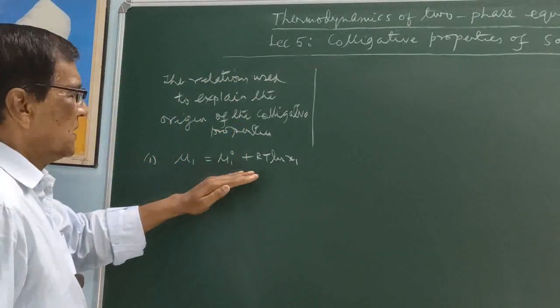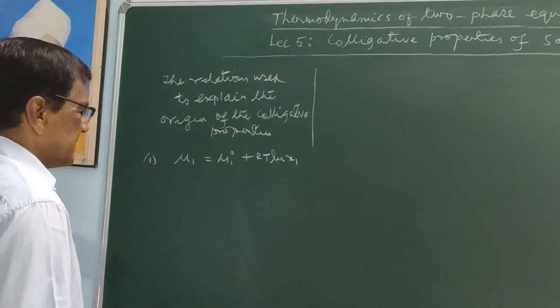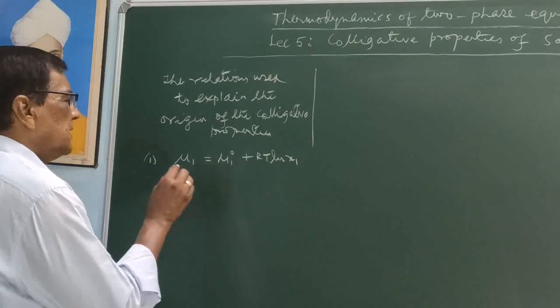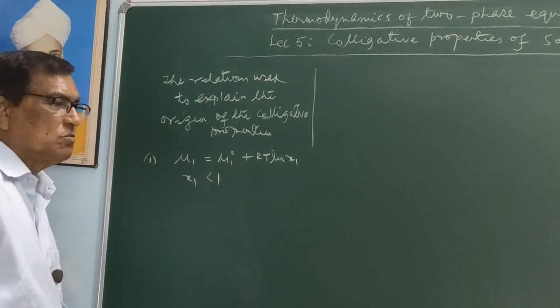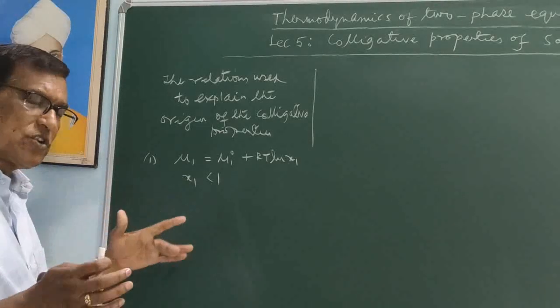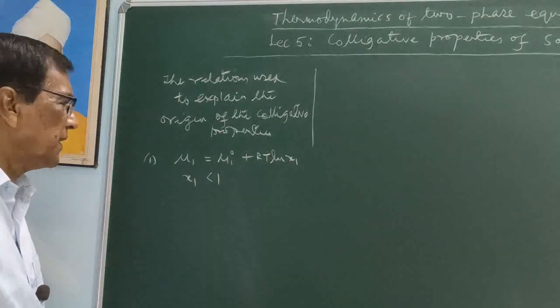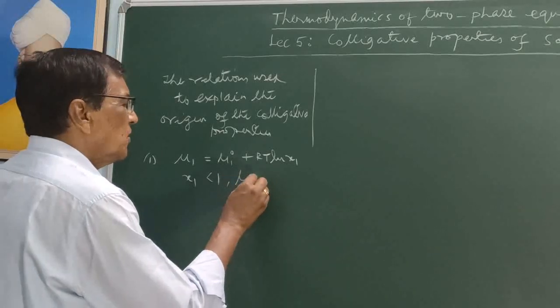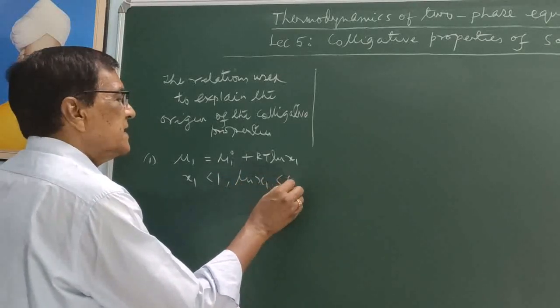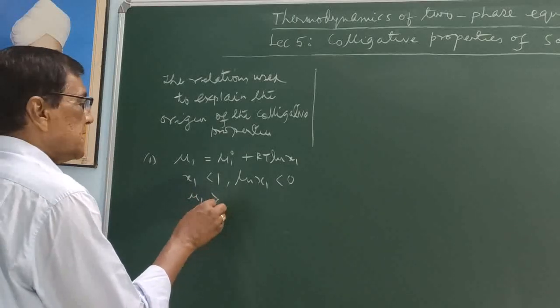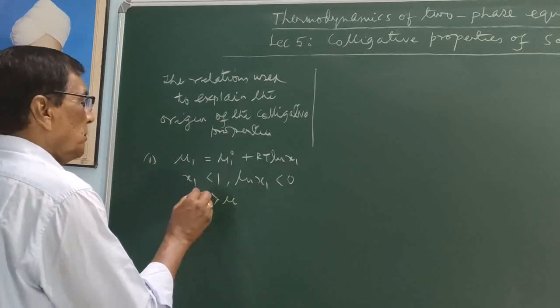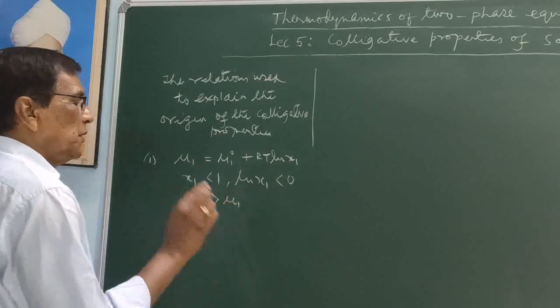It is clear that x1, the mole fraction of the solvent in solution, is always less than 1. So ln x1 is less than 0, hence mu1 naught is greater than mu1.